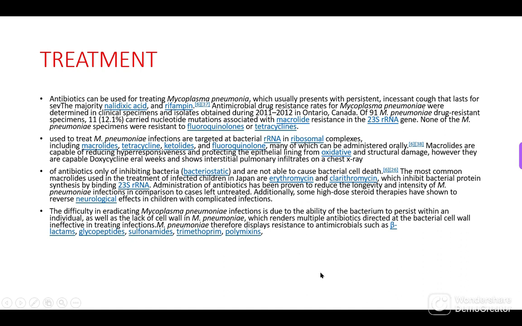Other antibiotics can also be tried, though they are usually not used: polymyxin, trimethoprim, sulfonamides or the combination of sulfonamide with trimethoprim, cotrimoxazole, glycopeptides, and beta-lactams. Beta-lactams are used only in some cases where culture has been done and sensitivity is positive.